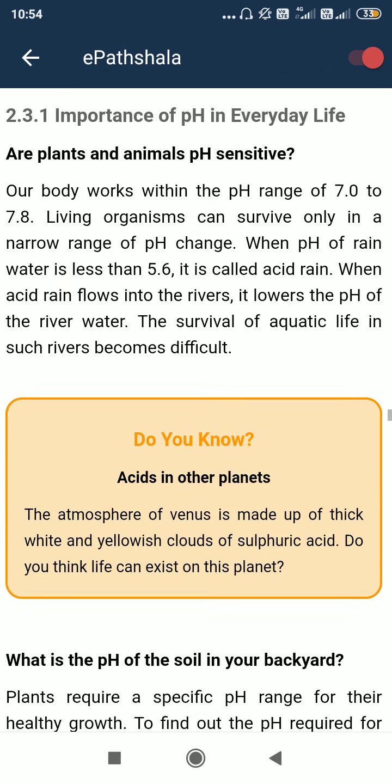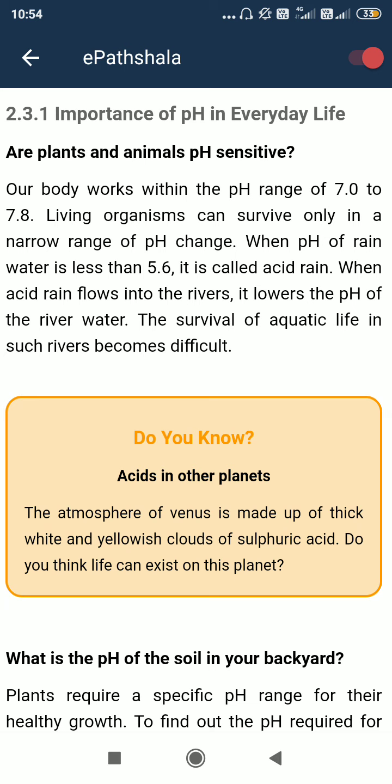So now coming to the importance of pH in everyday life. In every solution, like in our body system also, blood is there. In blood, many compounds are dissolved or present in solution form. Inside the blood, there are red blood corpuscles, RBC, and white blood corpuscles, WBC, which are cells. But there are also non-cell materials like NaCl, sodium chloride, Na plus and Cl minus ions, and H2CO3, carbonic acid, from which we get water, H2O, and carbon dioxide, CO2.